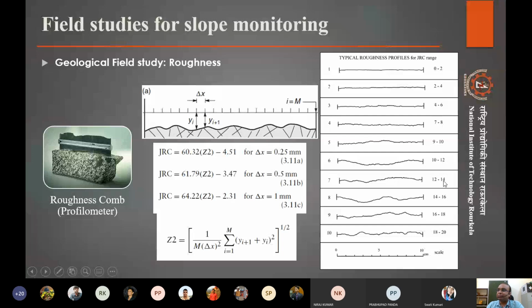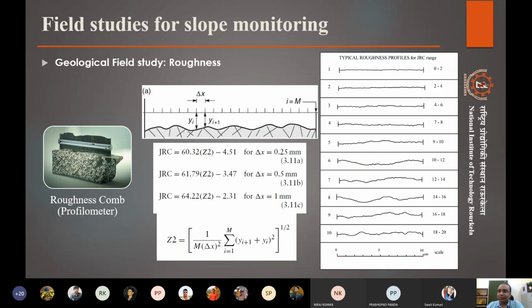Why is roughness coefficient important? Roughness dictates how much friction there will be, and what kind of movement can happen. Also it is an important parameter in various indices we will be seeing later on.